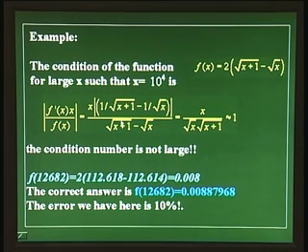Okay, so here is another example. The function f of x is equal to root of x plus 1 minus root of x. Let us look at this function and its condition for large values of x. So, it is f prime of x into x by f of x.